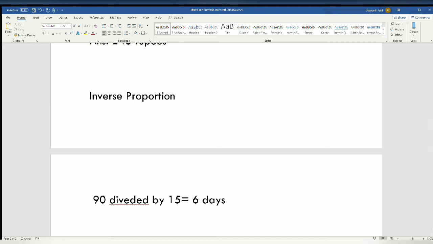To dig the hole. And if there are 10 volunteers, it will become 90 divided by 10, which equals 9 days.